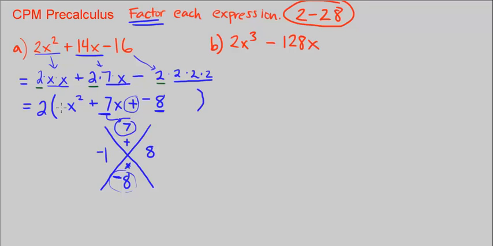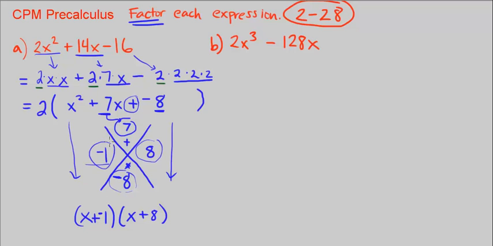So that allows me to factor this in parentheses as x minus 1, the x method, times x plus 8. You could say it's adding a negative 1 and adding the 8. Then I still need to bring down the 2. So factoring part A gives me 2 times x plus negative 1 times x plus 8. Can I factor these anymore? No. Once I cannot factor anymore, I'm done.